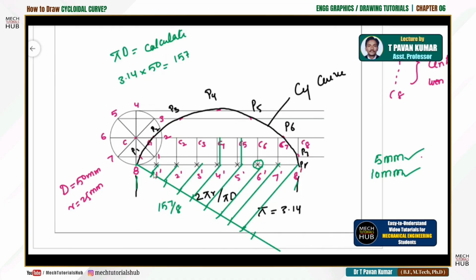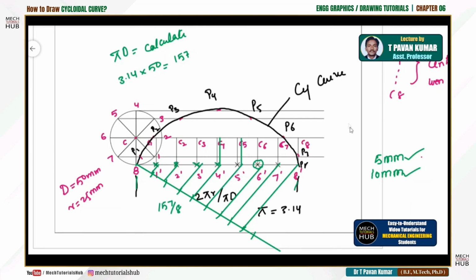Draw the parallel lines accordingly at each and every intersection so that you get this particular intersection point. After getting the intersection point, align your drafter to the horizontal scale to the directing line, then draw the vertical lines to get the centers from C1 to C8.